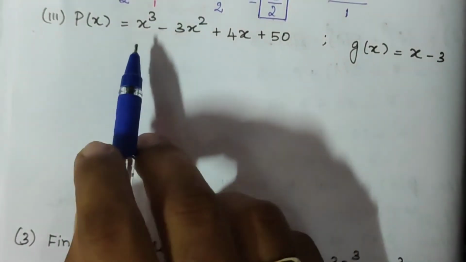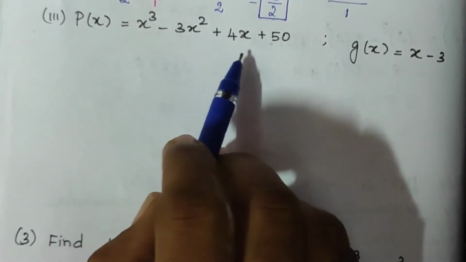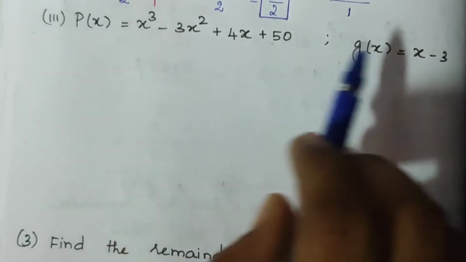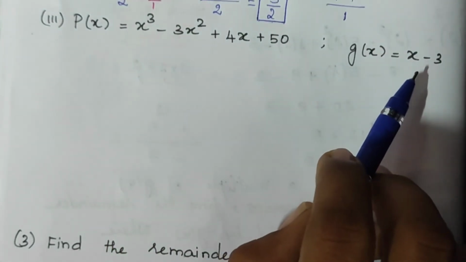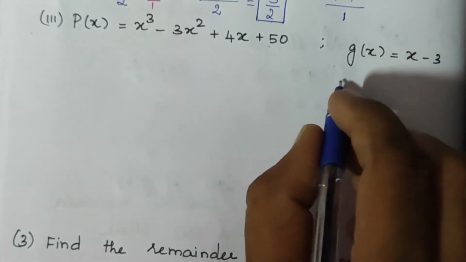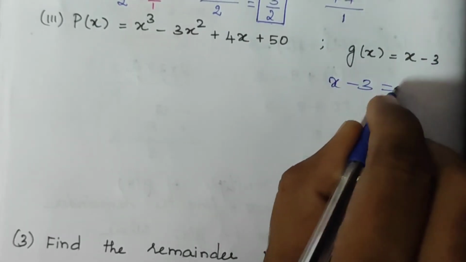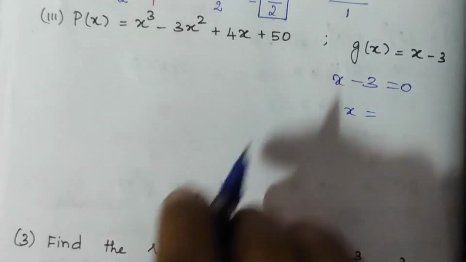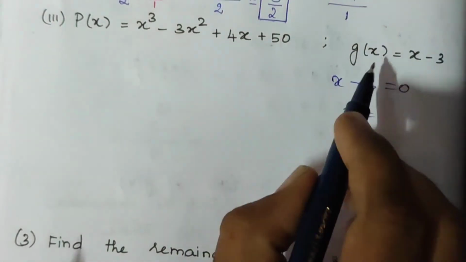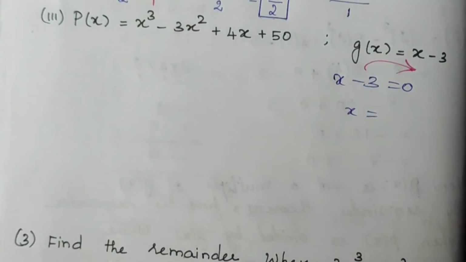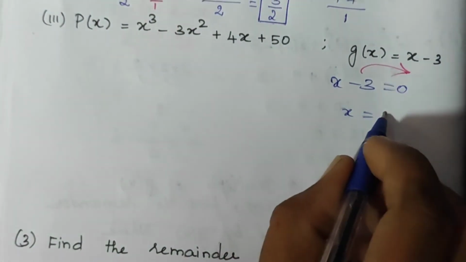Problem number 3, p of x is equal to x cube minus 3x square plus 4x plus 50 and g of x is equal to x minus 3. So x minus 3 is equal to 0, therefore x, when you take this minus 3 to the other side, you get plus 3.